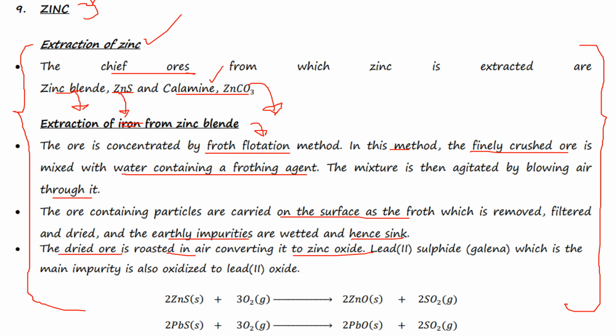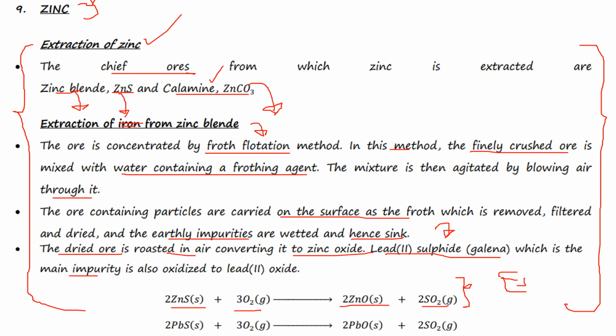Now, since our ore contains other impurities, it also contains galena. Now, galena is the same as lead sulfide. So lead sulfide also decomposes when you're heating our ore, forming lead oxide together with sulfur dioxide as the main impurity that is present in our zinc blende. So zinc sulfide, which is our zinc blende, burns in sufficient oxygen to give us zinc oxide together with sulfur dioxide gas, balancing before the same criteria: metals first, non-metals next, which is sulfur, and then lastly oxygen.